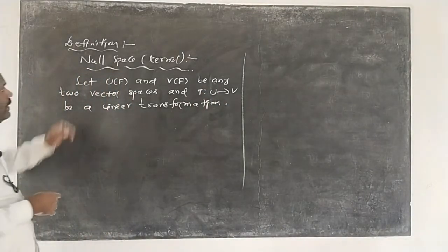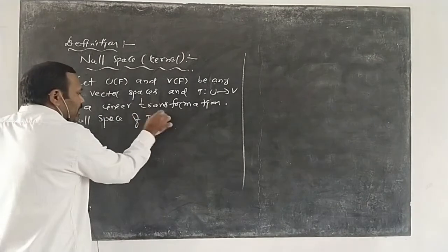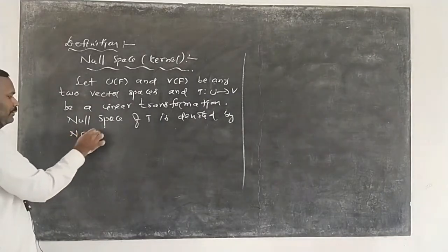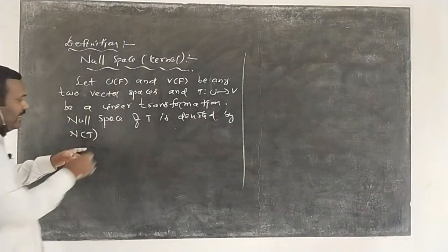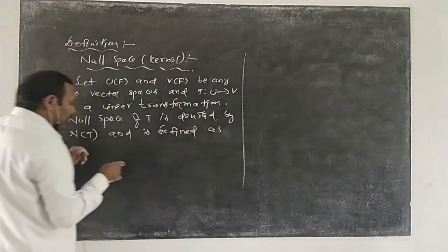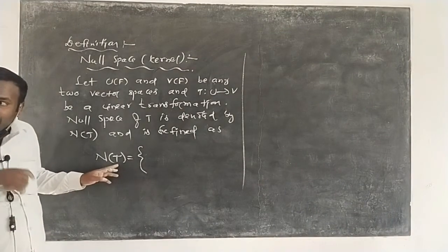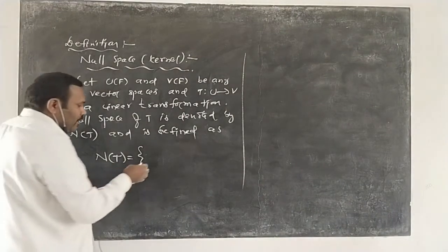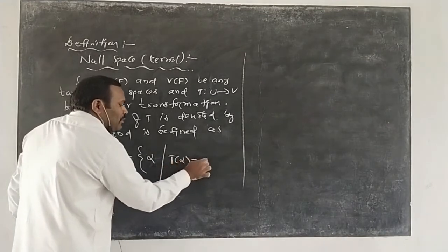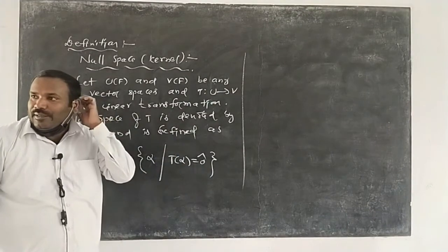The null space of T is denoted by N(T) and is defined as N(T) equal to the set of all alpha such that T of alpha equal to 0 cap.